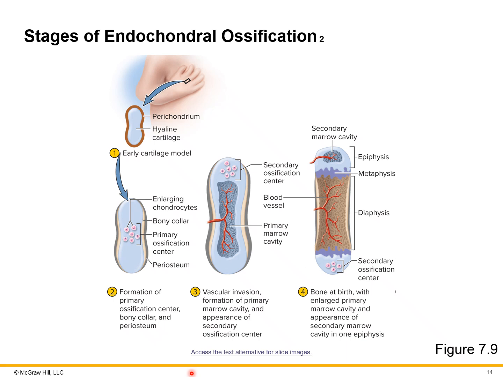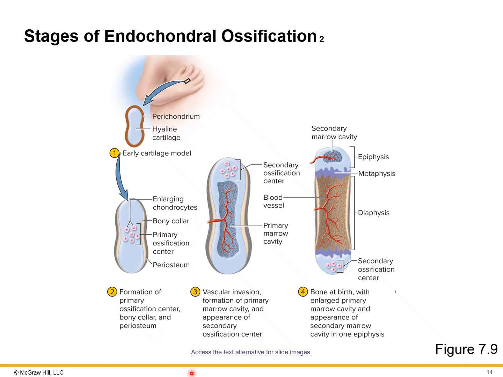As the bony collar under the periosteum thickens and elongates, a wave of cartilage death progresses towards each end of the bone.